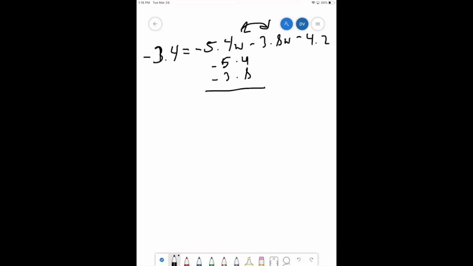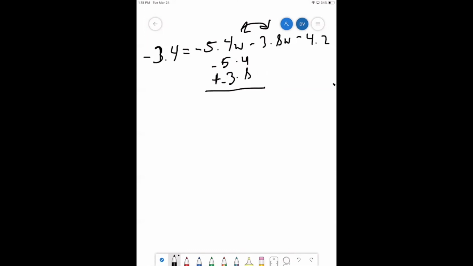Because in previous problems, I said change this into an addition and then make this negative again. So we're technically adding negative 5.4 and negative 3.8. So let's just add as normal.